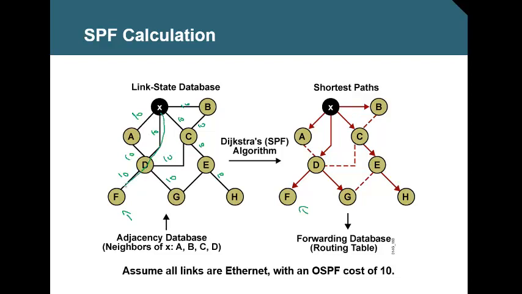But if I take this path, it is 10 plus 10 plus 10, 30. So which path will I take? I'll go from F to D to X, or X to D to F. So these dotted lines are not best. This is how the path is calculated. The low cost path is calculated.